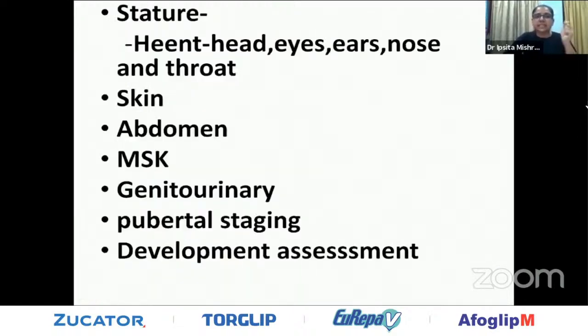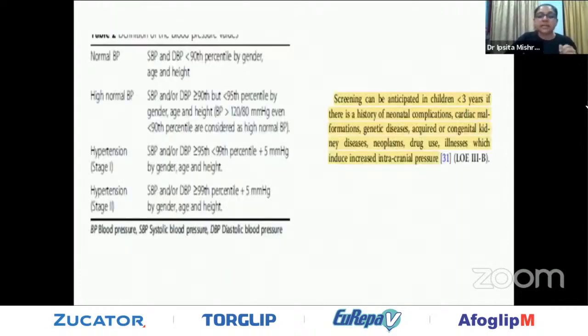So in short, examine the stature, go for a detailed HEENT examination, which includes head, eyes, ears, nose, and throat. Scan for features of insulin resistance or features of steroid excess or hypothyroidism. Abdomen to look at hepatomegaly, musculoskeletal system for gait disorders. Genitourinary system, pubertal staging for hypogonadism or premature adrenarche if it's exogenous obesity, and importantly, the developmental assessment.